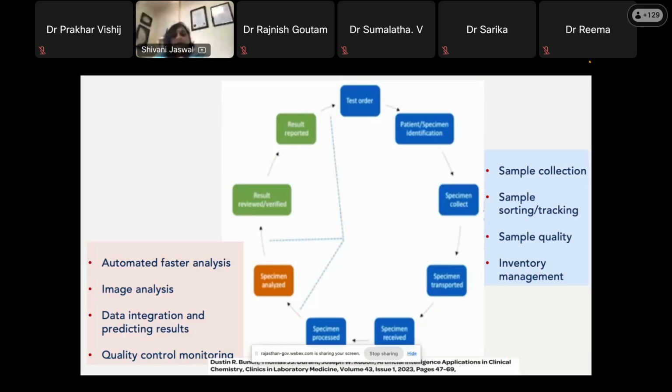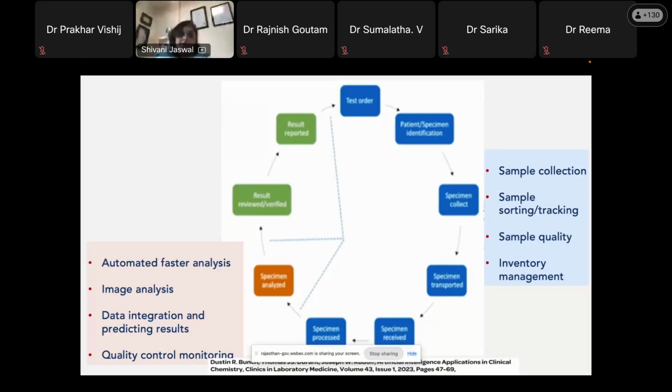And again, image analysis, like I said, deep learning models have been developed for image analysis, like in pathology or in radiology. They can detect or analyze the image, and sometimes even minor errors that can be left out by the human eye can be picked up by these AI tools.